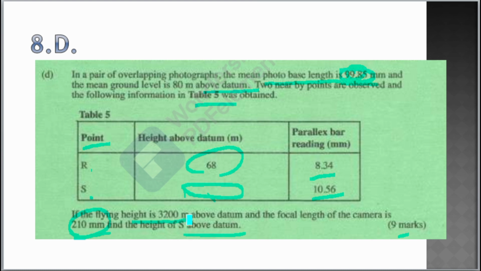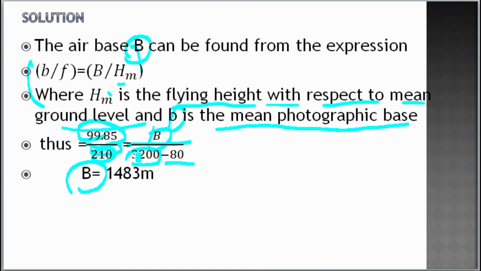Our flying height is 3200, and the mean ground level is 80 meters above datum, so we subtract the mean ground level from the flying height. Through cross multiplication, this question is done easily. By use of a calculator, you cross multiply.